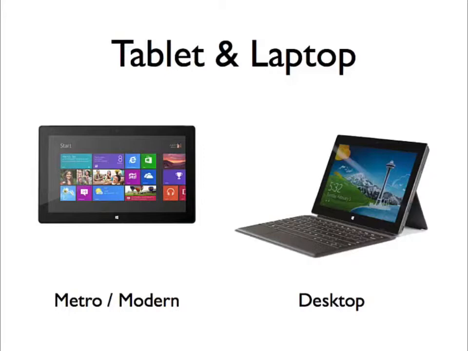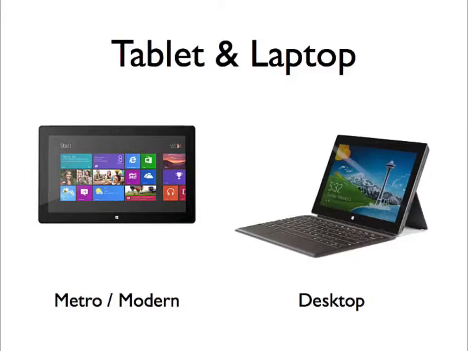Here it uses the Metro interface, which has been renamed somewhat confusingly by Microsoft as the modern UI. So this is a touch interface. We have large, bold buttons. Typically we have one application or one program running at a time, filling the entire screen.